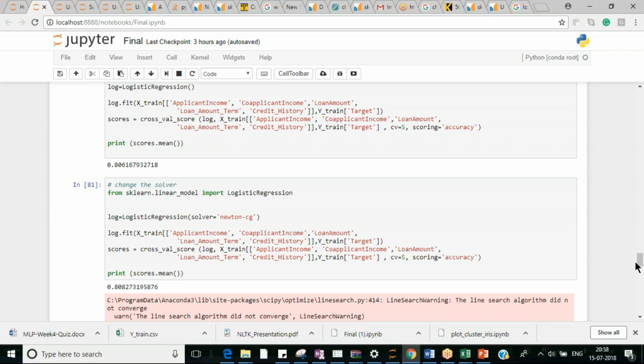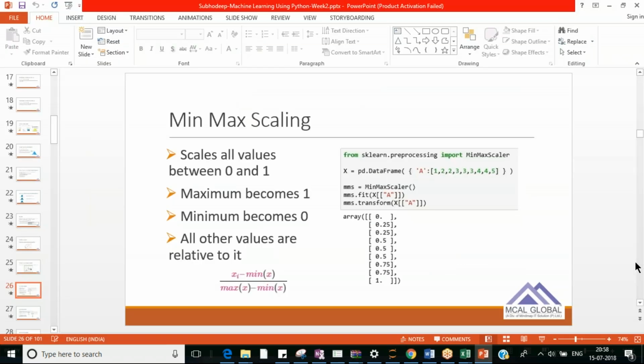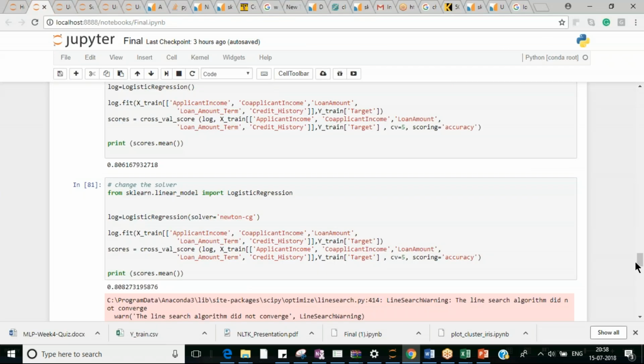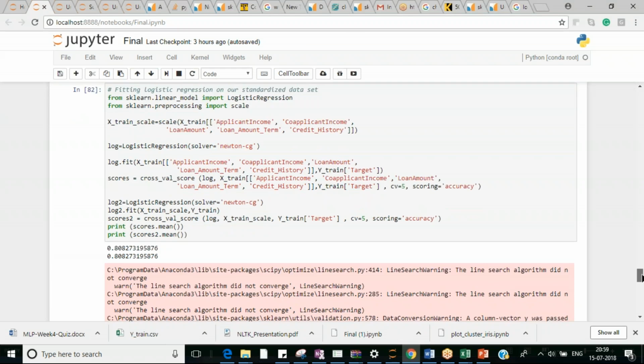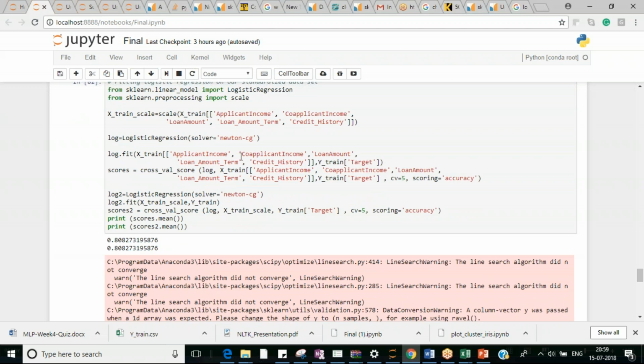Can you give me the definition of scaling? You told us this morning. The min max scaler we have, this is scaling only. Here also we have used the function scale.